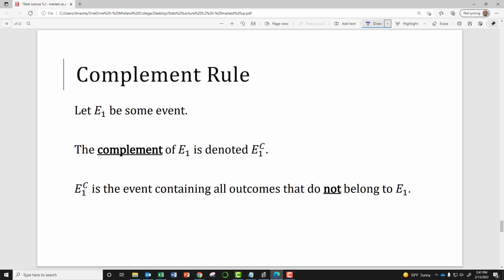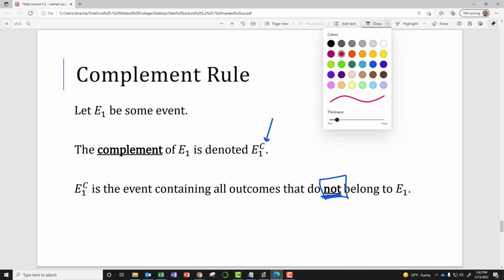Now let's talk about the complement rule, and we're just going to let E1 be some event. Then we call the complement of E1, in notation, we just put a little c on the top right of E1. And E1c is going to be the event containing all outcomes that do not belong to E1.